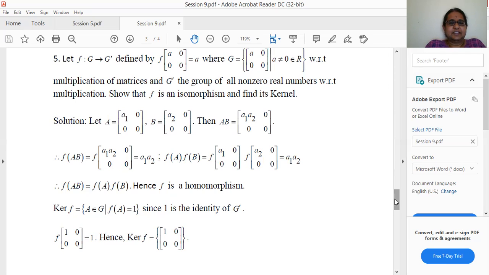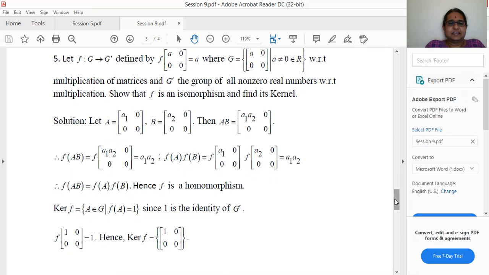Then we have to check whether the mapping is a homomorphism, that is, f of AB. If it is equal to f of A dot f of B, then the mapping is a homomorphism. So now we shall find f of AB. The mapping f is defined such that f of [a, 0; 0, 0] is equal to a. Now AB is [a1 a2, 0; 0, 0], so f of AB will be equal to a1 a2.